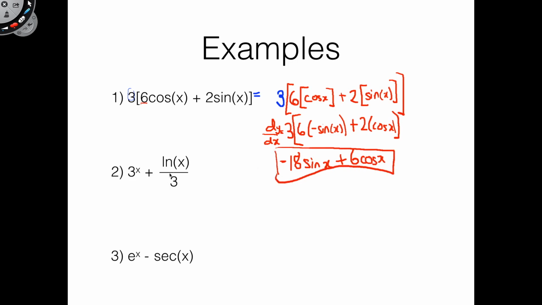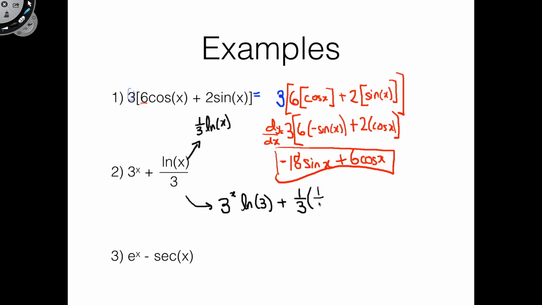That's number 1. Let's do this one in black. So 3 to the x, that's just rote memorization, so that would be 3 to the x times natural log of 3. Now here it might look a little scary, so it's very helpful to factor out the 1/3 first. So this would be 1/3 times the natural log of x. What's the derivative of natural log of x?